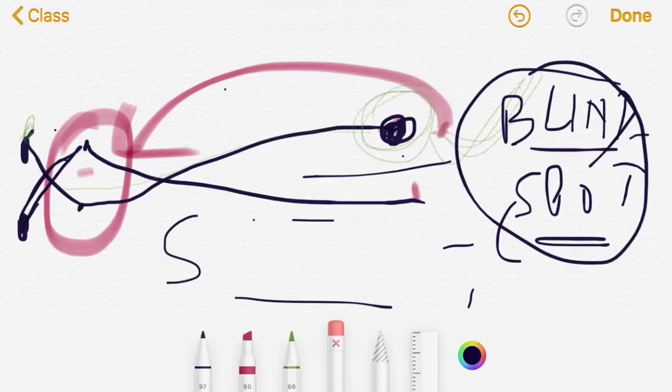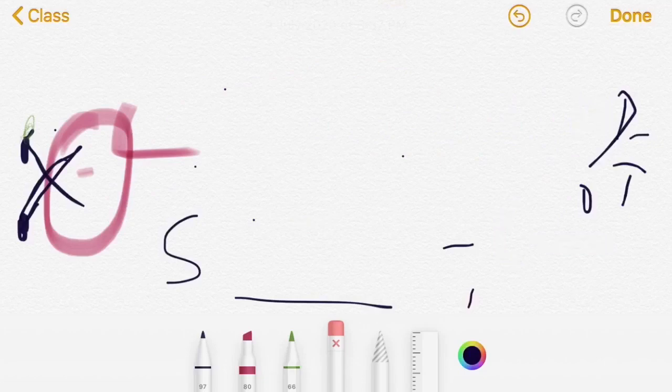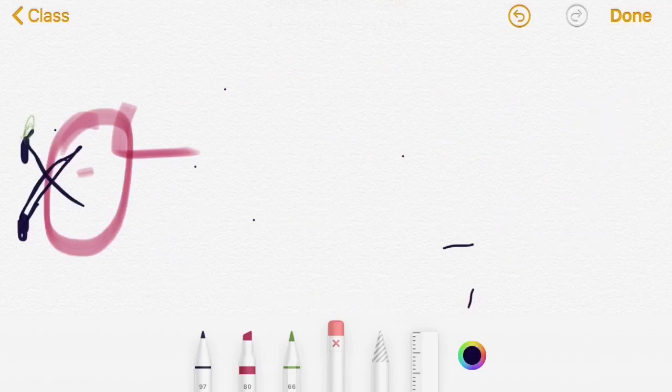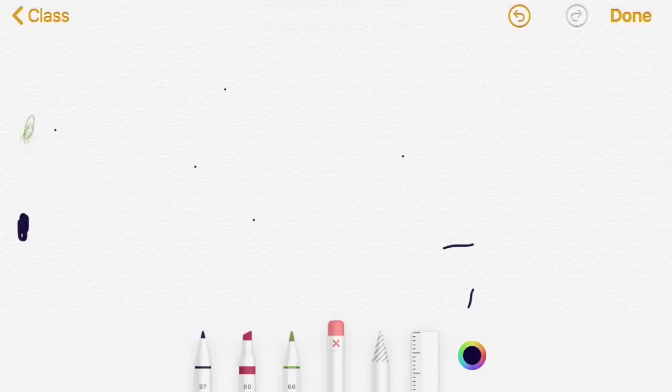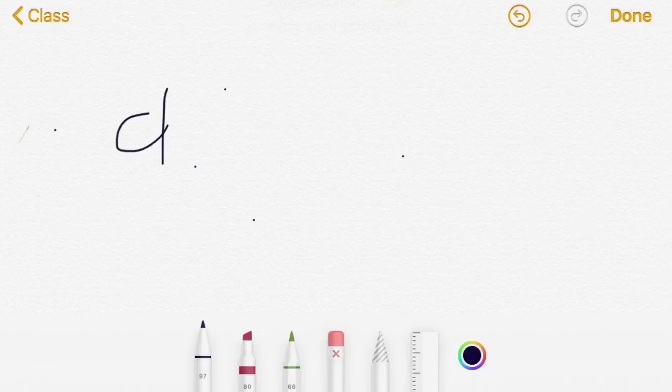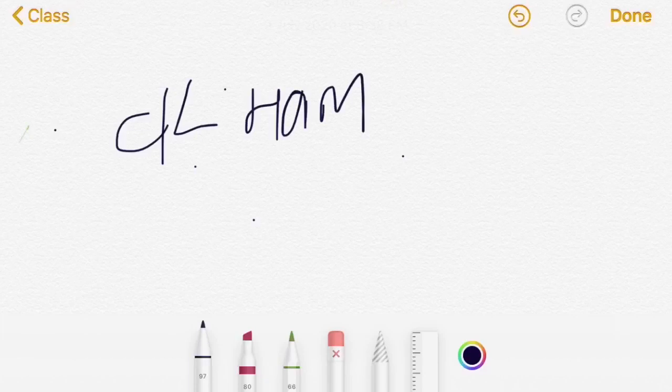A unilateral lesion in area number 17, say one side, either the right or the left, is getting affected, then what will be the pathology? That pathology will be called contralateral homonymous hemianopia.